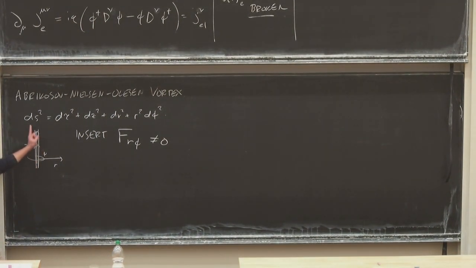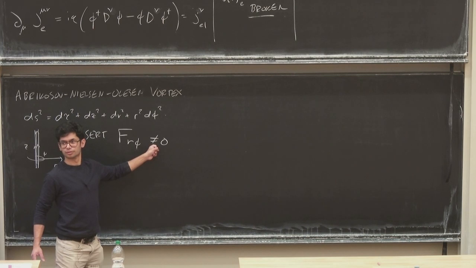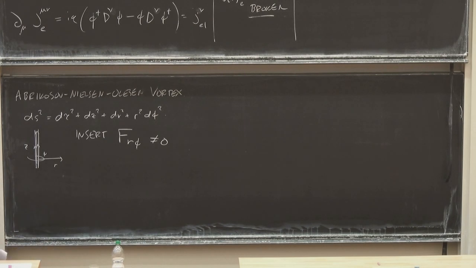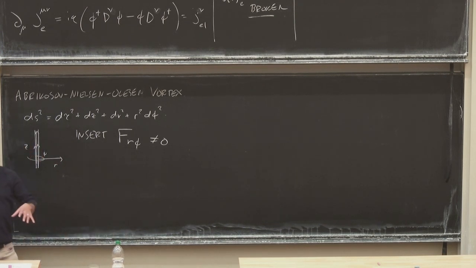So I'm going to try to put in some magnetic flux pointing that way. And what that means is that F_rφ is going to be non-zero. So what I'm doing is searching for a configuration of the equations of motion of this theory where F_rφ is non-zero. Now, if we were in the vacuum without the Higgs phase, you would just turn on F_rφ.